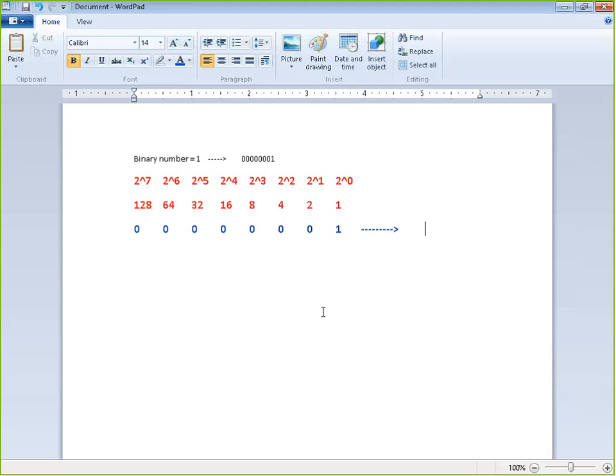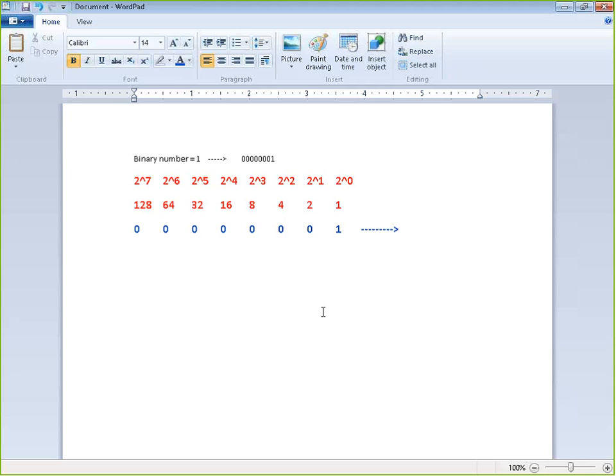The logic is quite simple. 0 is off, 1 means on. Like you have an on-off switch, right? So remember this: 0 means off, and 1 means on.